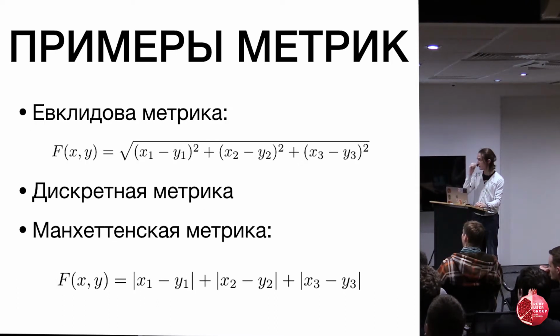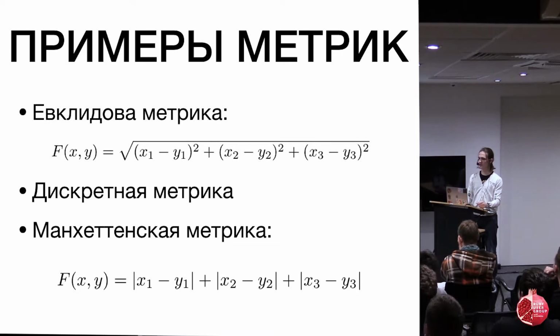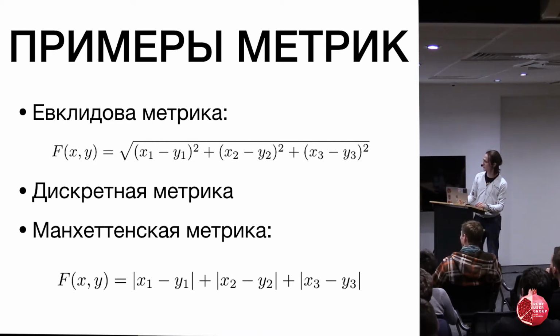And several examples. First, the distance in a 3D space where x first, x second, and x third are components of the first vector, and y first, y second, and y third are components of the second vector or a point. The second example is discrete metric. In discrete metric, a distance between 2 points equals 0 if it's the same point, and equals 1 if the points are different.